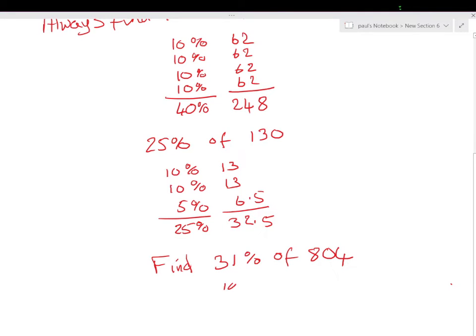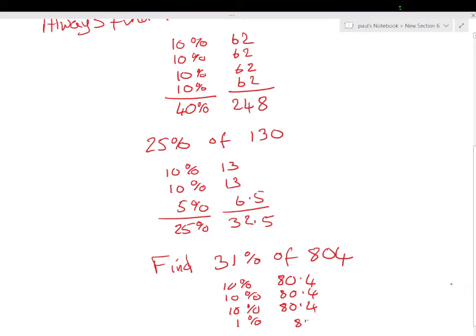804. So 10% is 80.4. 10% is 80.4. 10% is 80.4. And we want 1% now. 1%, so we're going to divide that number by 10.